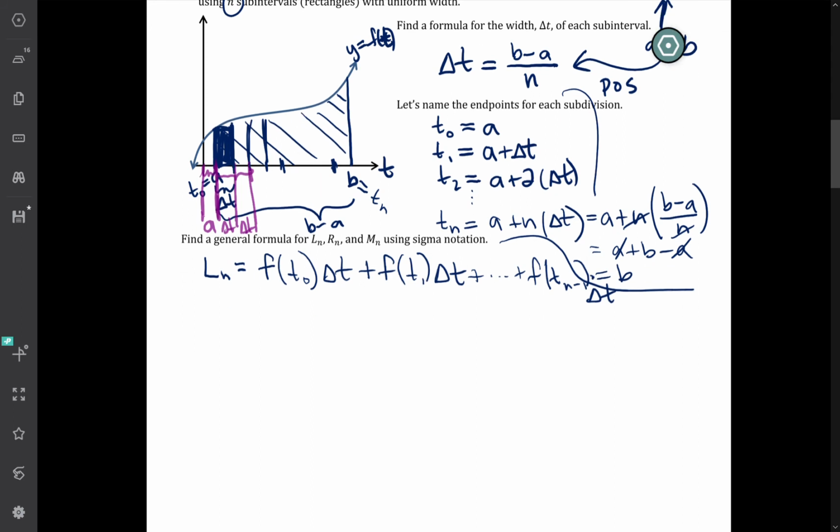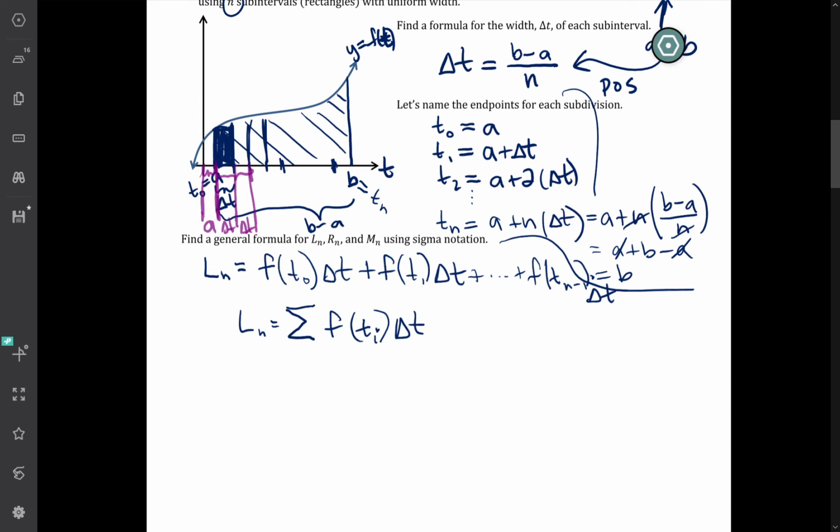So what we want to do with this is crunch it up a little using that sum notation we've just been practicing. So we're going to say, okay, so this is a sum, and the typical term looks like f of something times delta t. The f never changes, the delta t never changes. All that changes is which t value we're using. So I'm going to use my subscript to indicate that.